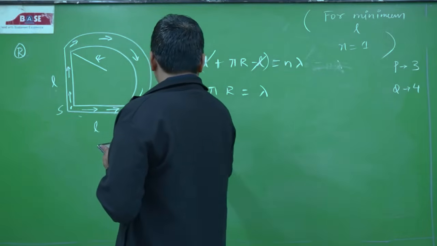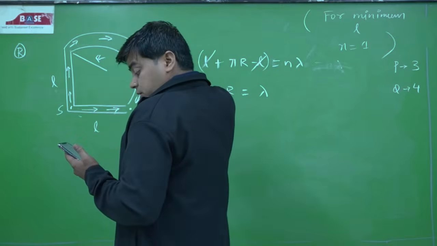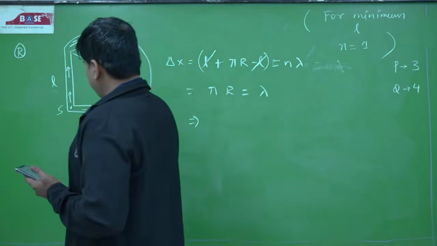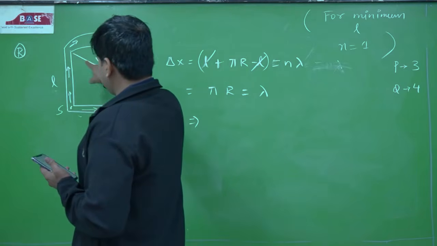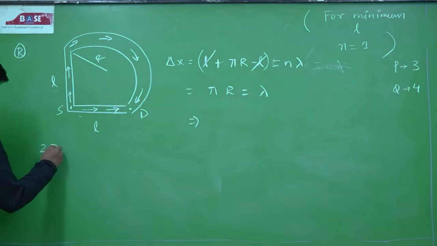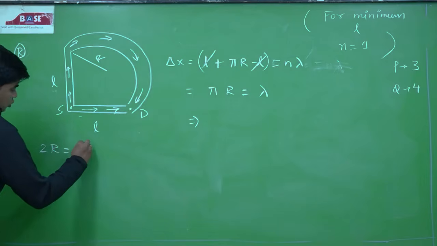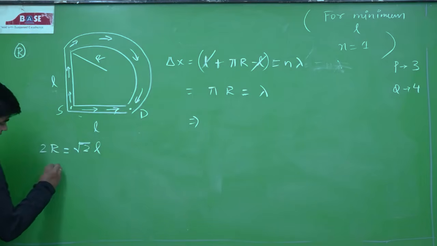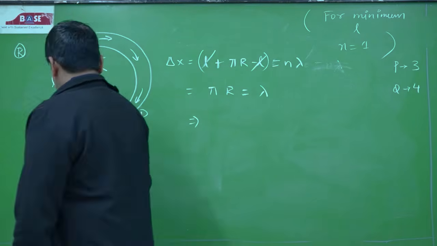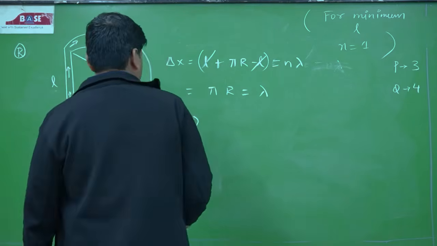I explained that earlier. Now the thing is we have to find the value of R from here. So if this is L, this is L, the diameter becomes root 2 times L. So 2 times R becomes under root 2 times L. So from here R is equal to L upon under root 2.